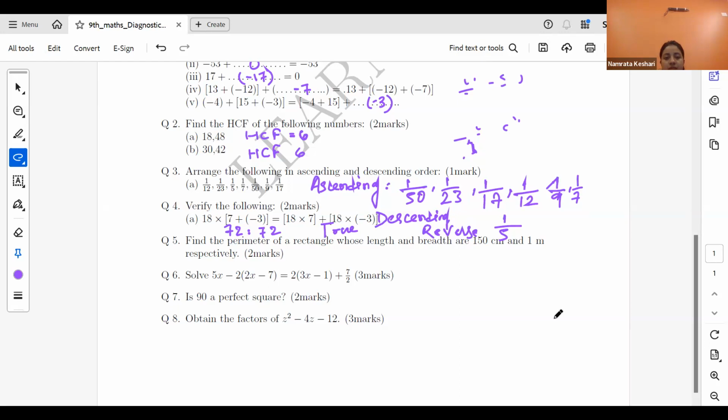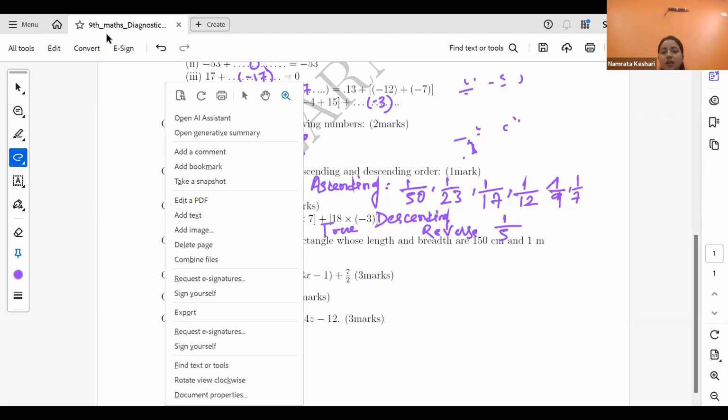Ma'am, it's 302 centimeter. Can you please repeat, Gauri? 302 centimeter. 302 centimeter perimeter you have found. What is the formula for finding the rectangle's perimeter? 2 bracket L plus B. Yeah, 2 in bracket L plus B, right?